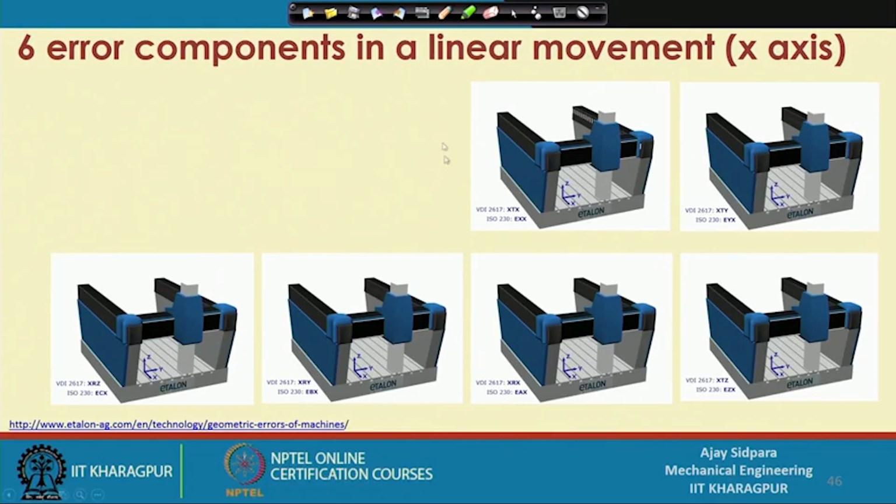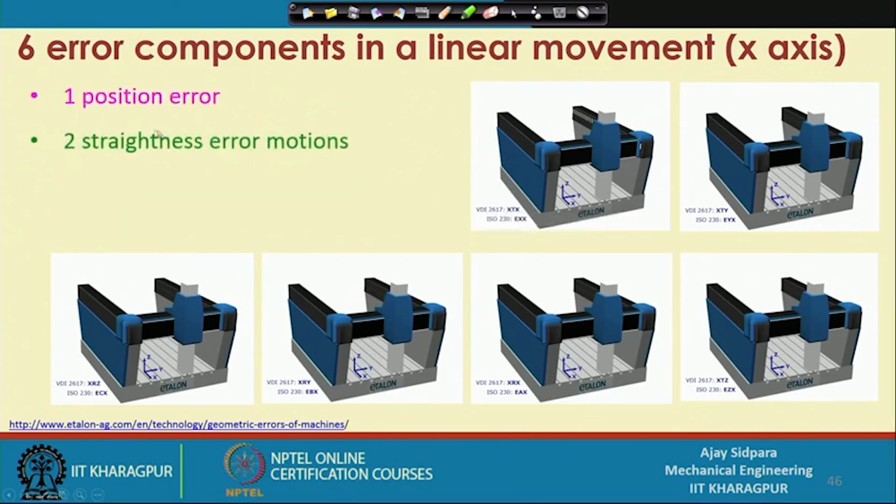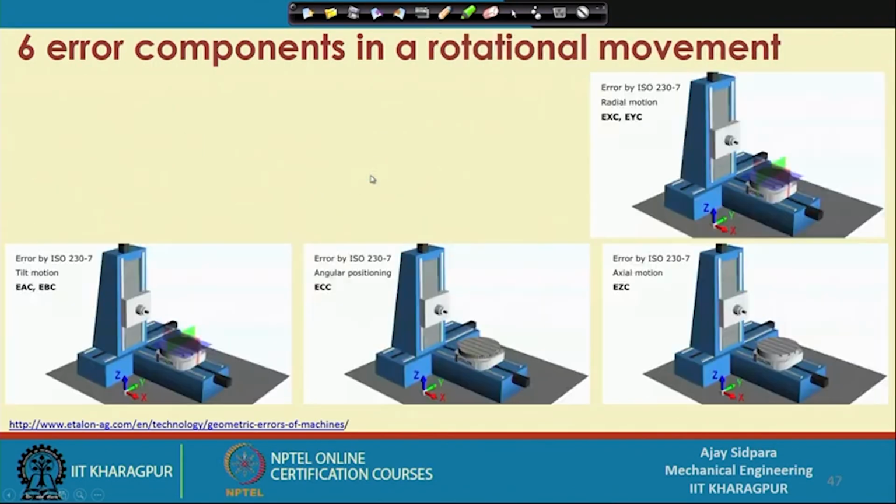So, we have seen in the last class about the x axis error components when it is moving in the linear direction, that is x axis, and we have found that one was the position error, two was the straightness error, one was the roll error and two are the tilt error. And similar to that we have seen when you have attached one rotational axis around the z axis, then you can end up with some more errors in the same rotational motion.